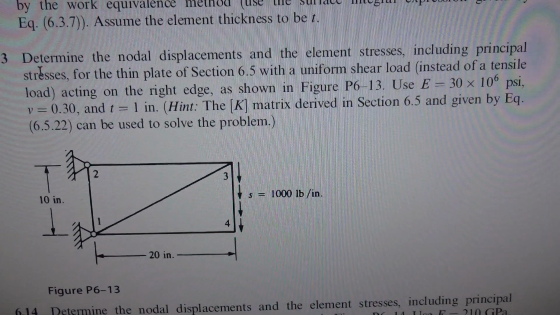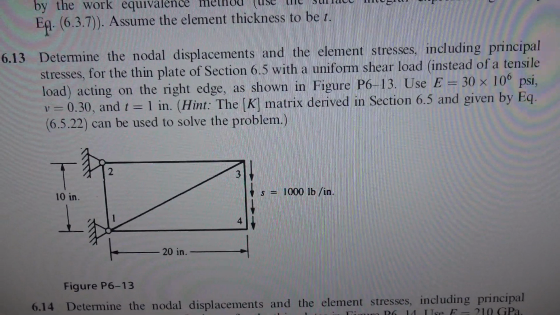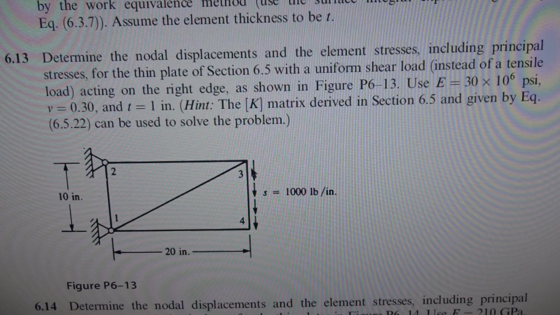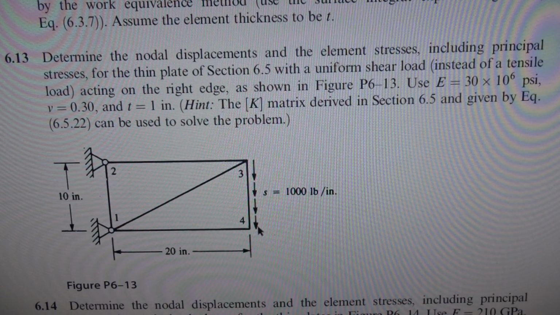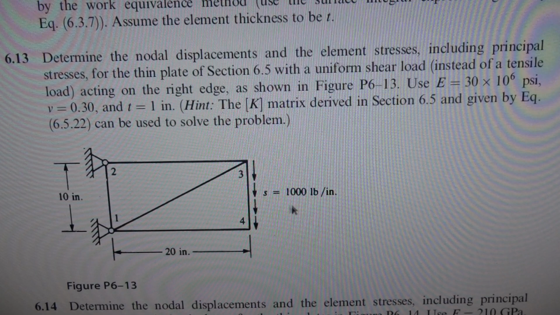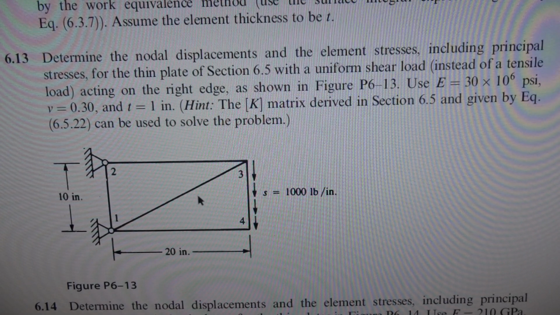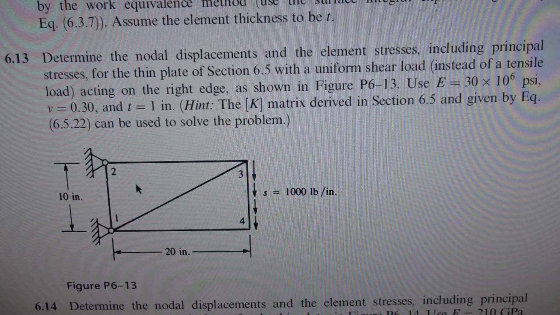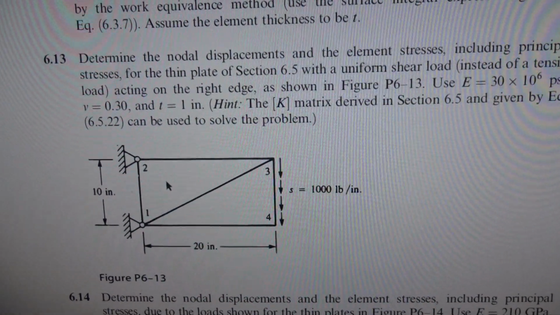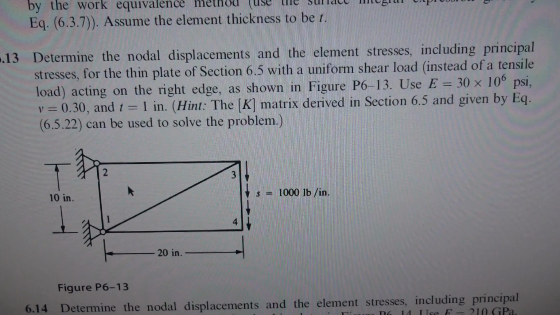It is solved in the example, but in this question the force is applied in the downward direction, 100 lb per inch. So try to solve this question and compare the results of the previous question and this question. The stiffness matrix you can already see from the previous questions.